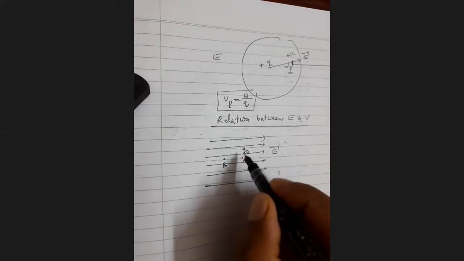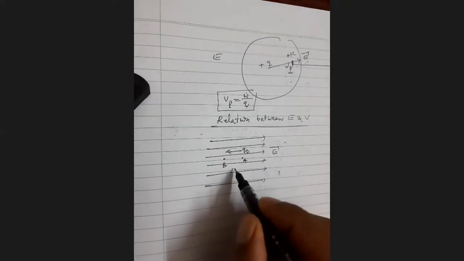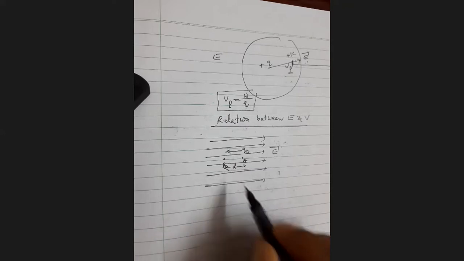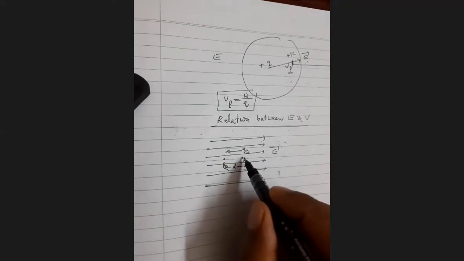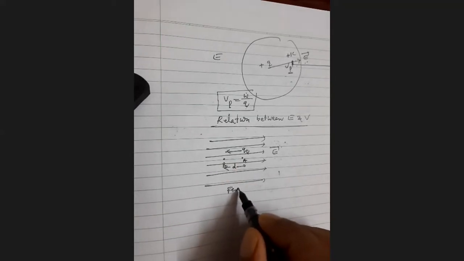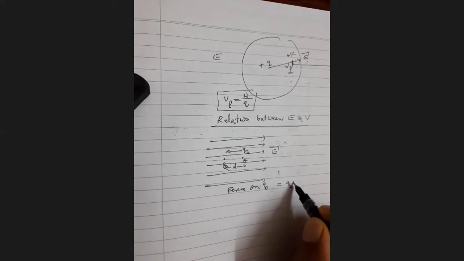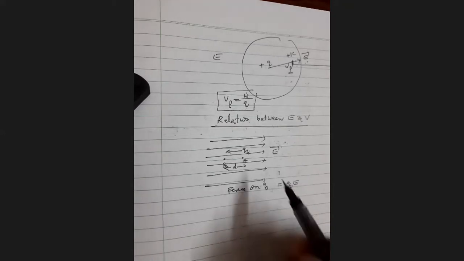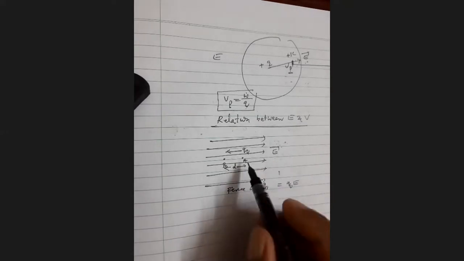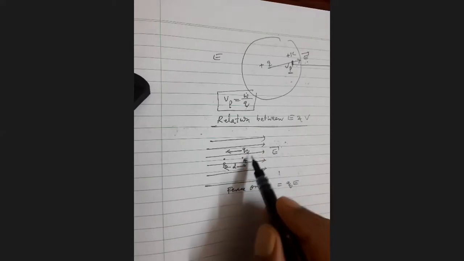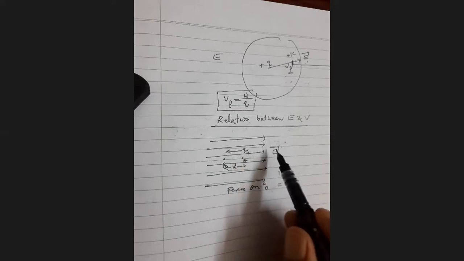A test charge Q naught is moving from point A to B. Distance between these 2 points is say D. Then the force experienced by the test charge Q naught is given by Q naught into E. This is acting parallel to the field direction, because Q naught is the positive test charge, and the force on a positive charge is always parallel to the field.